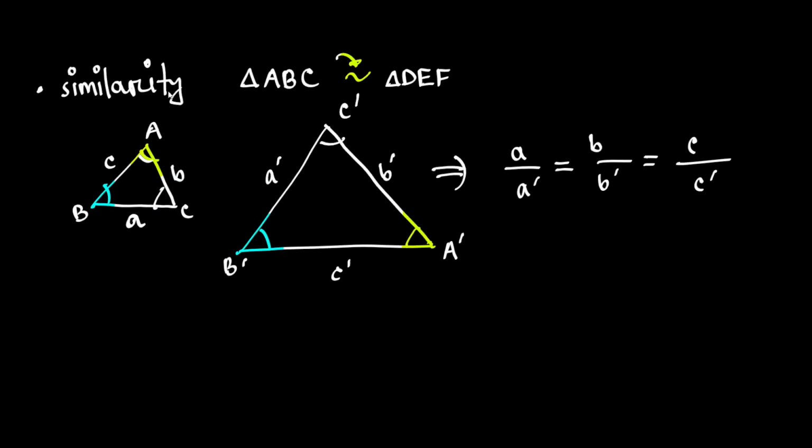The ratio of the side opposite to the angle is the same. Then we might need the fundamental things of geometry: if we have two parallel lines, then the corresponding angles are equal, the alternate angles are equal, and the opposite angles are equal.